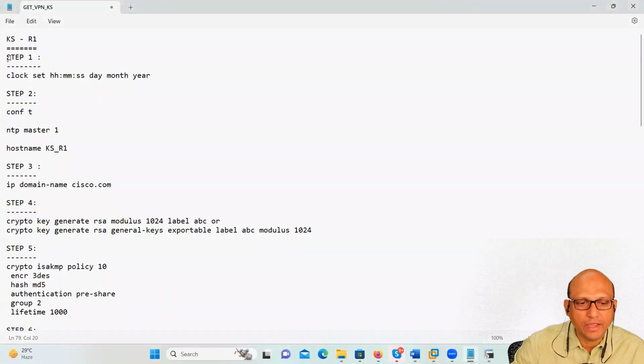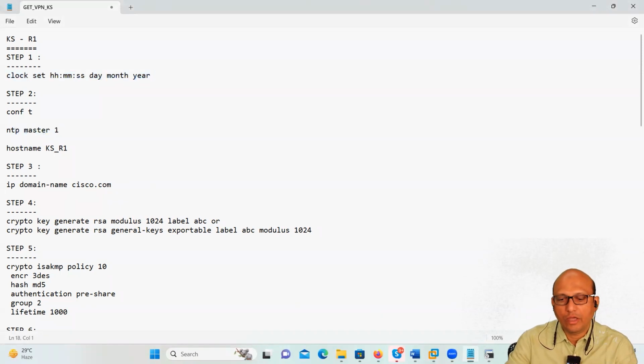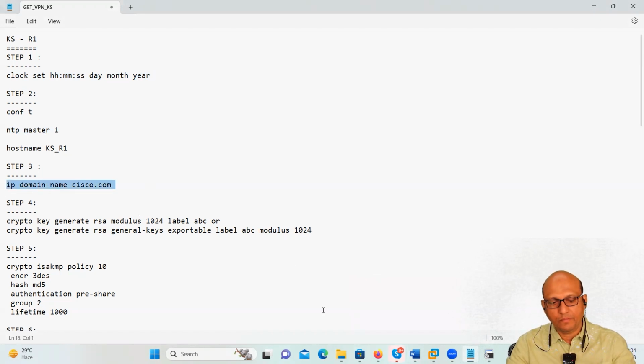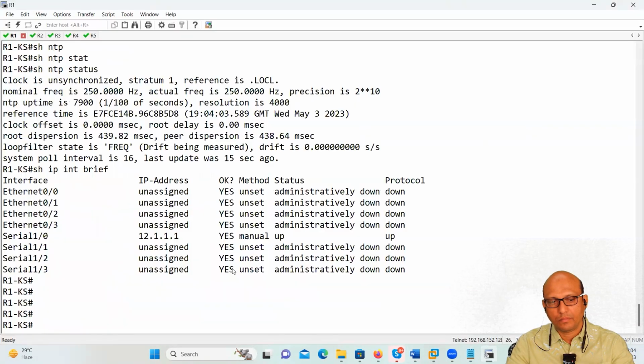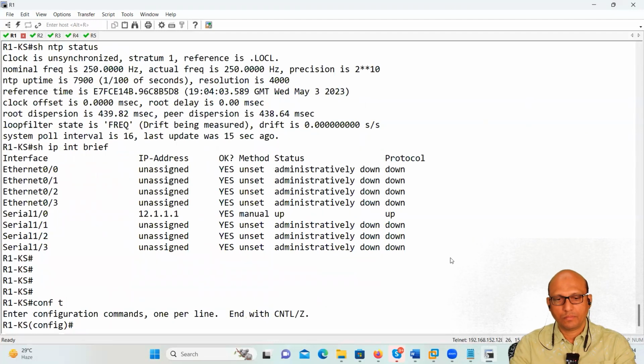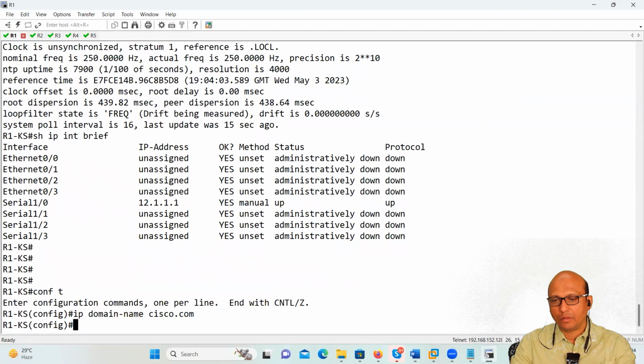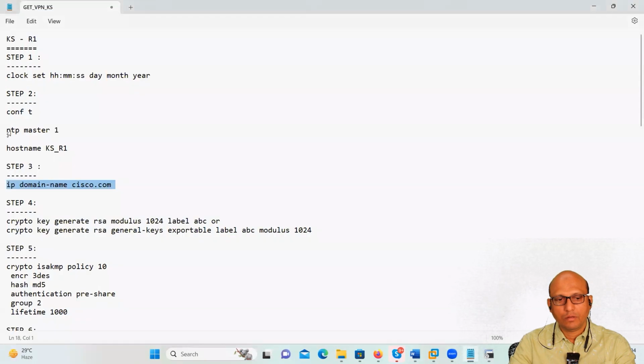So we finish making clock set. We set the host name also. We'll set the domain name. We'll set the crypto.